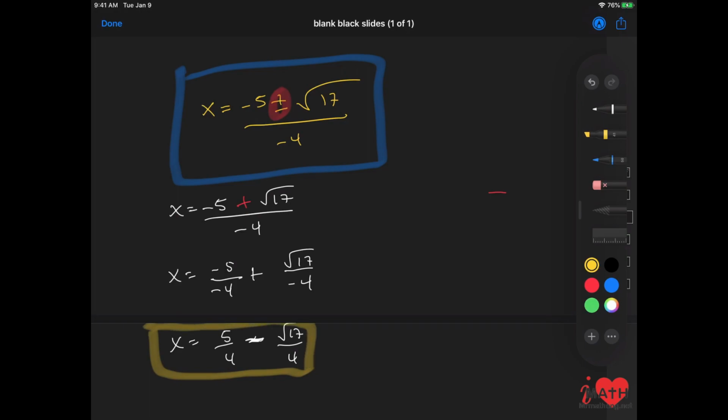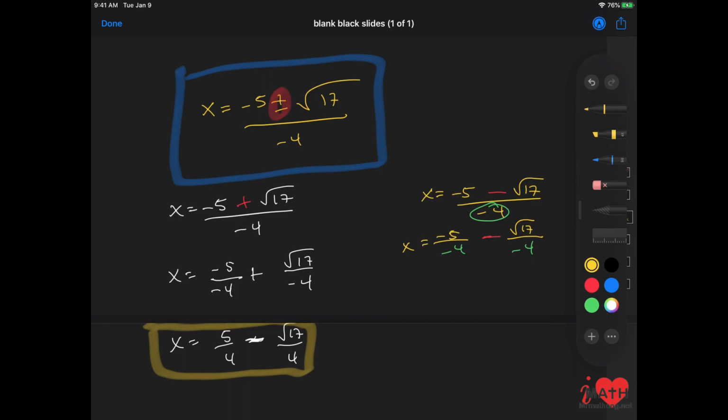Okay, let's go over and try this other one over here. So x equals negative 5 minus radical 17 over negative 4. Basically, this negative 4 I'm going to repeat twice. So now you have x equals negative 5 over negative 4. The negative is referring to the radical 17 divided by a negative 4.